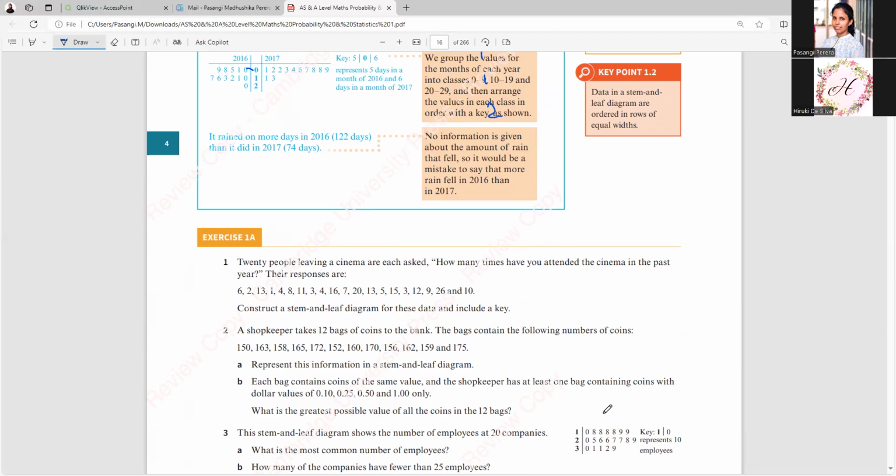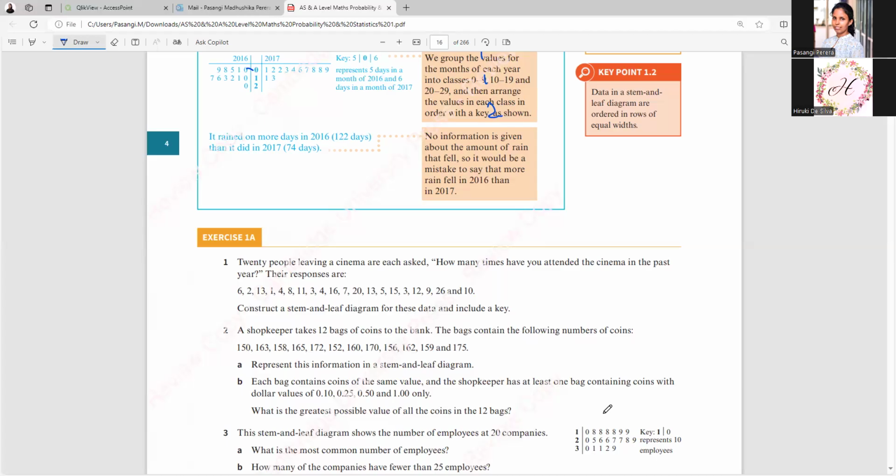What is the greatest possible value of all the coins in the 12 bags? 1, 2, 3, 4, 5, 6, 7, 8, 9, 10, 11, 12, right?